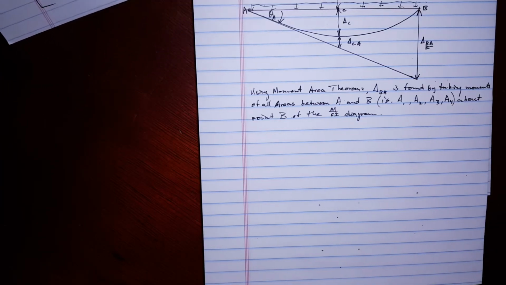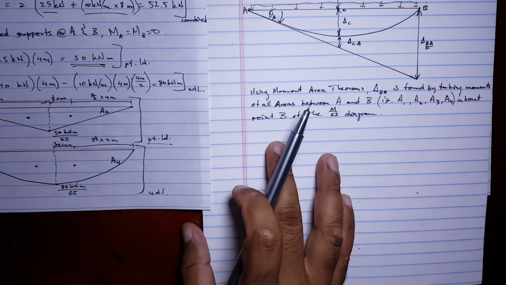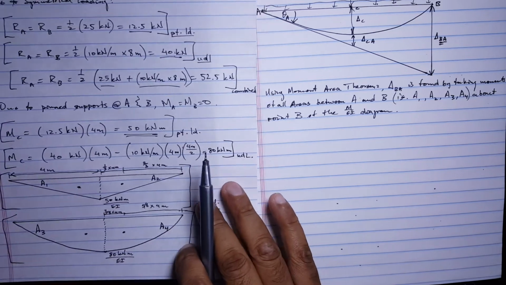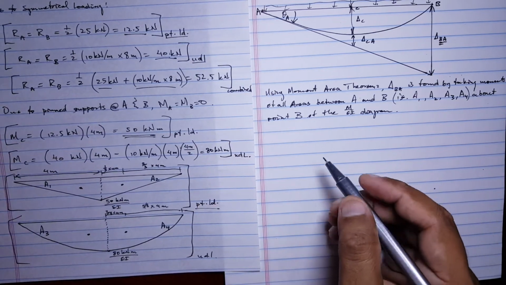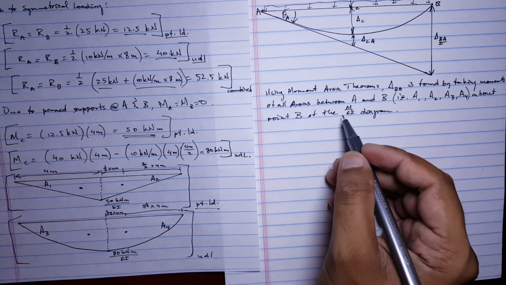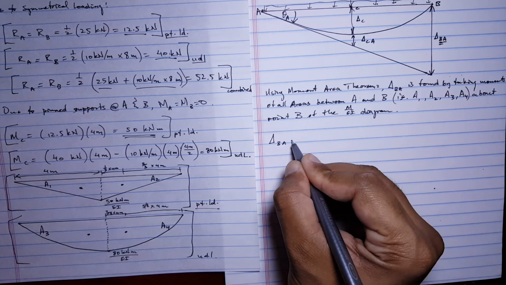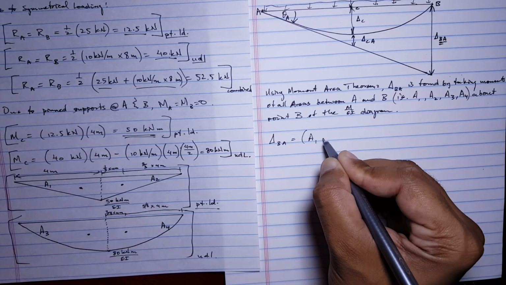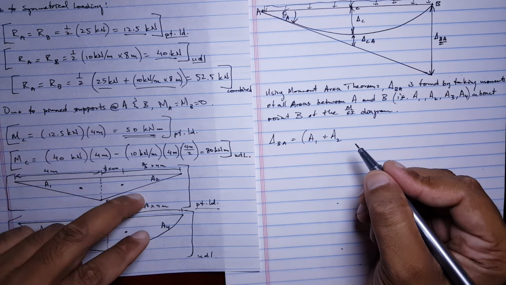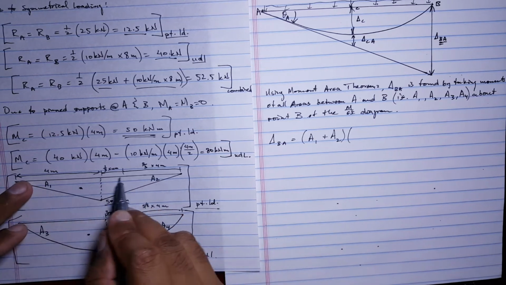So looking at this diagram here, taking moments to give you delta BA, delta BA is equal to area 1 plus area 2, these two here, times what distance away is this overall centroid.